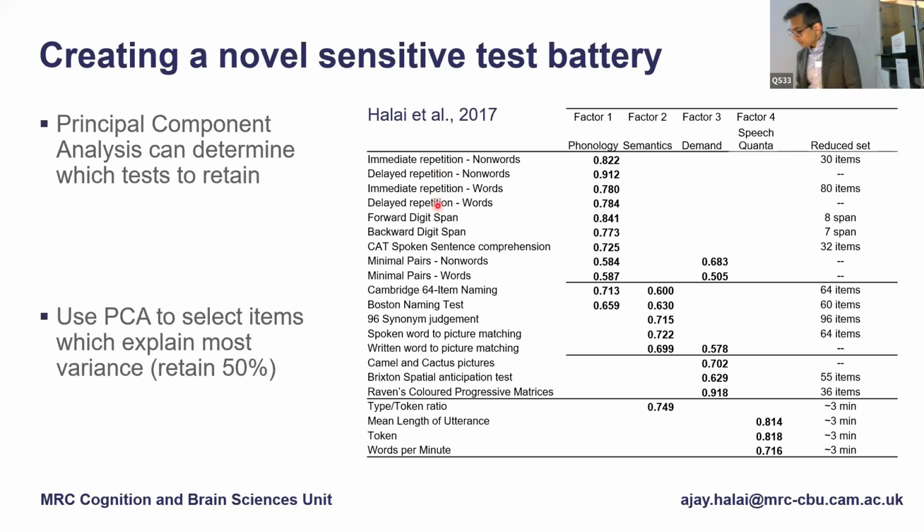And we took another approach, which was to limit items, as some tasks had a lot of them. We knew ourselves there were too many, so we applied principal component analysis at the item level for each task. We get the loadings in the same way as you see here for each trial, and we just picked the top 50%.